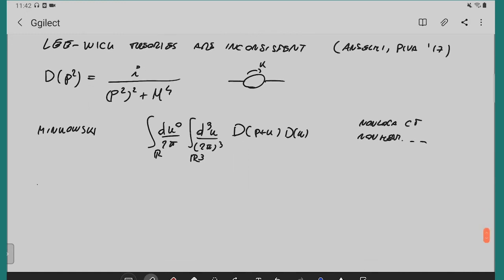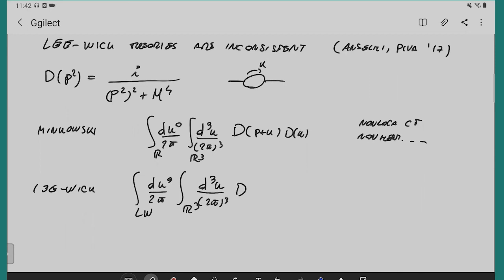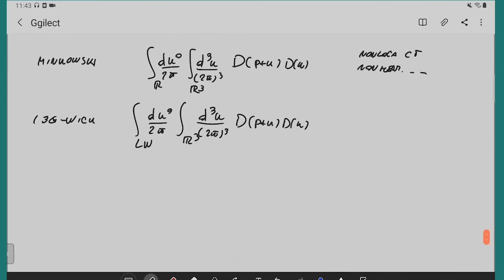Then there is the Lee-Wick proposal. They say, let's do the same with this type of theories, but instead of having R here, they use their modified contour integration. Let me call it the Lee-Wick domain, if you want. But this is still on R3, and this was their mistake. And this is what we call non-analytic Wick rotation.